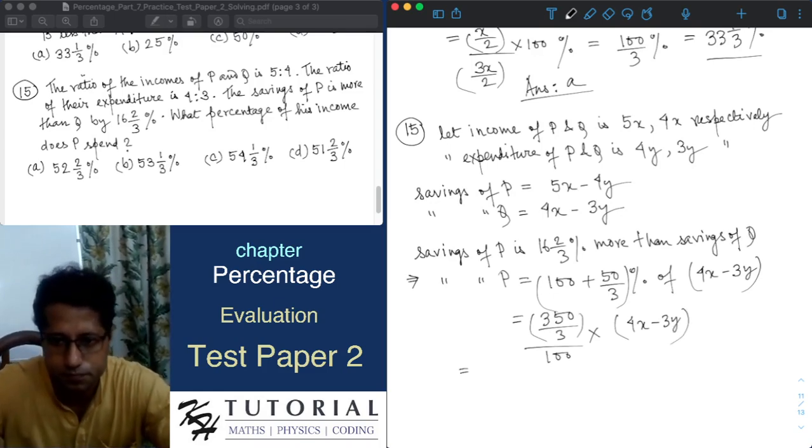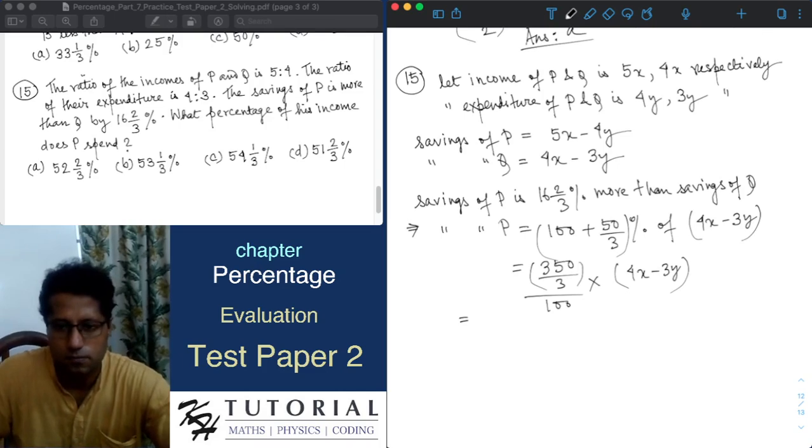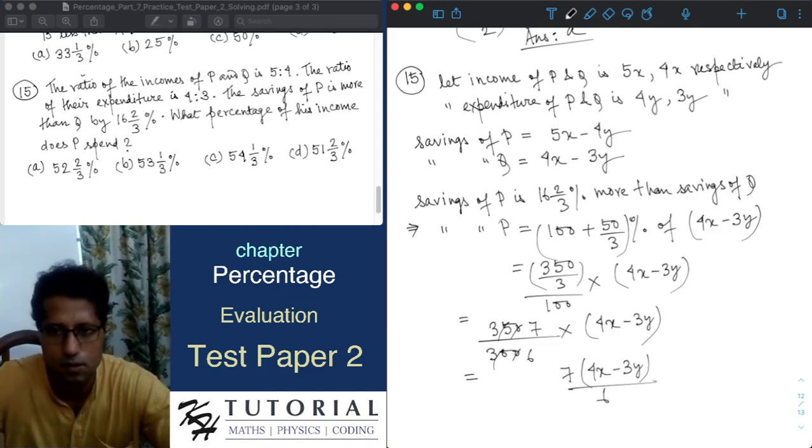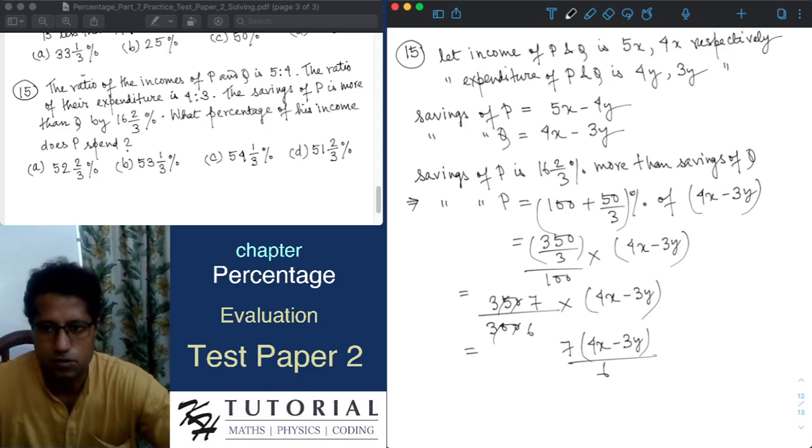This equals 350 by 300 multiplied by 4x minus 3y. The 0 cancels out. This is 5, 6, 5, 7. So this is equal to 7 into 4x minus 3y divided by 6. This is the savings of P based on the fact that the savings of P is 16 and 2 by 3% more than savings of Q.